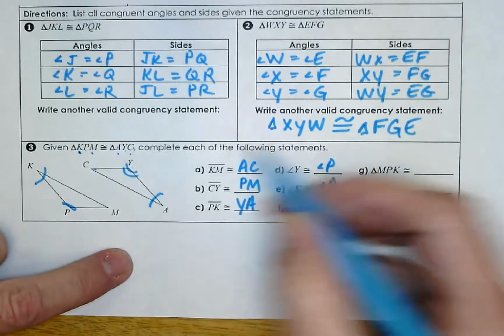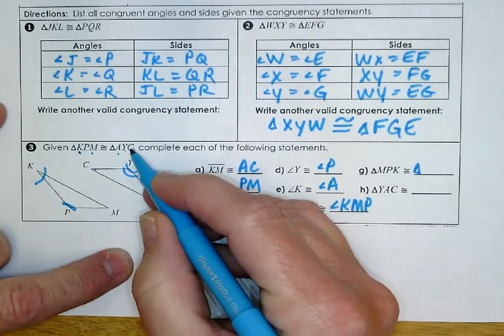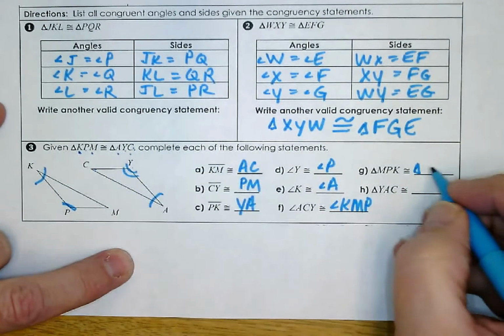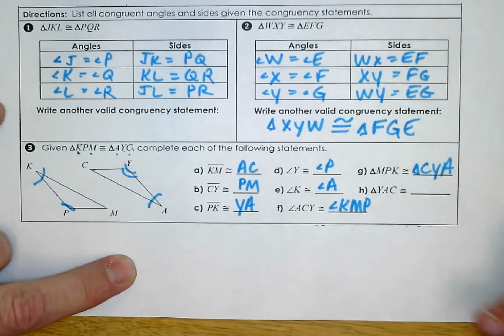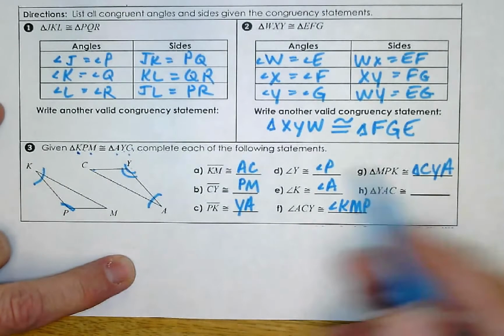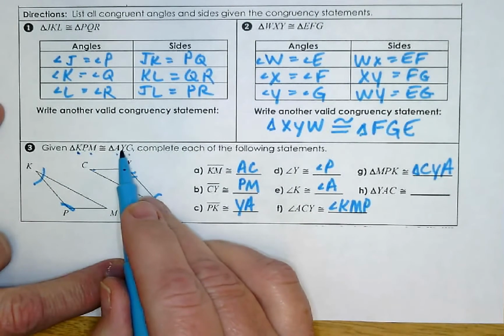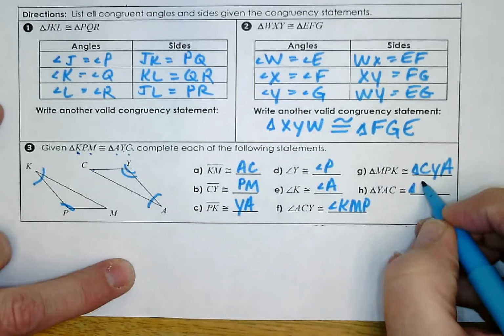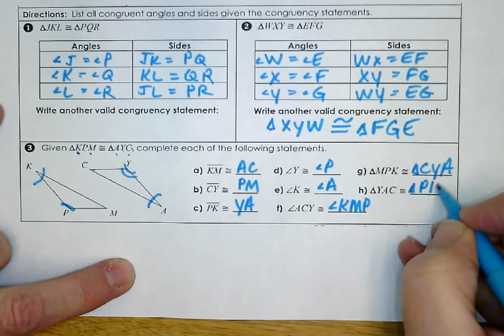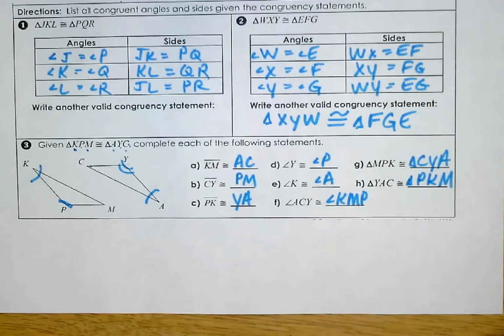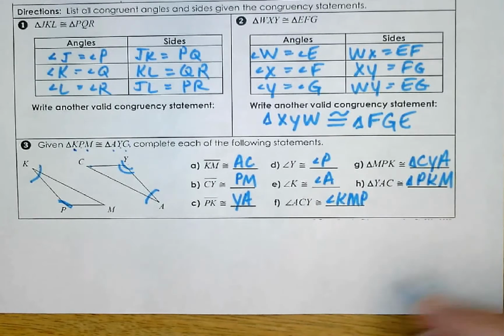So when I write my other one, I'm going to do the same thing, CYA. What they do the first one, you're going to just mix and match. So this one, they take the second one, YAC. Y has to match up with P, so PKM. Okay, let's stop there, and we'll continue in part 2.